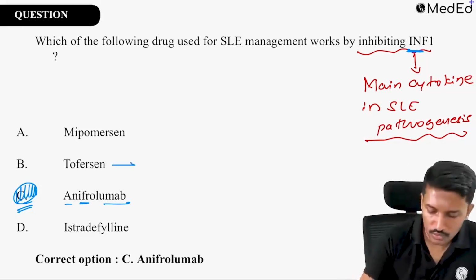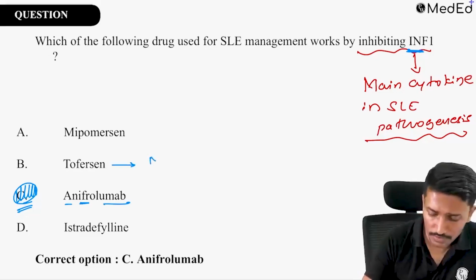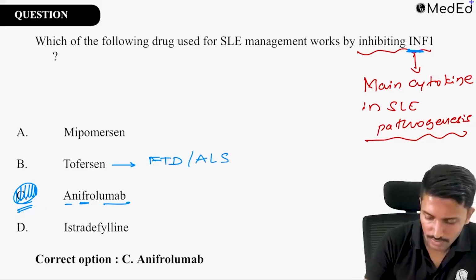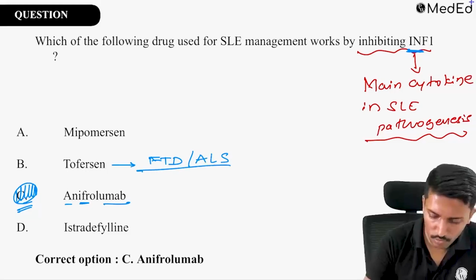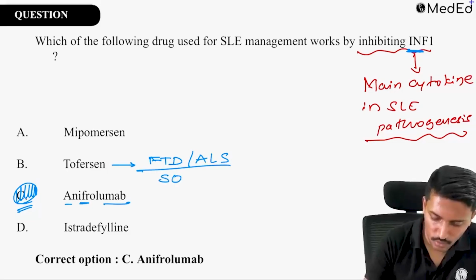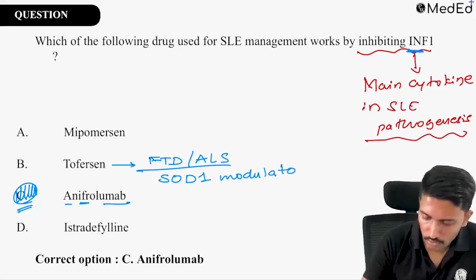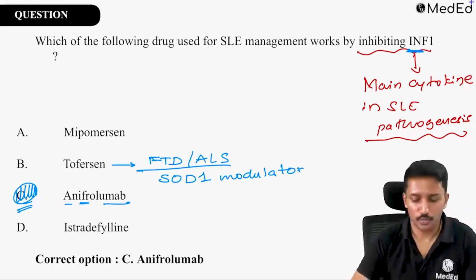Okay. What is this tofersen? Tofersen is another newer drug which is used for treatment of patients with amyotrophic lateral sclerosis. This is actually a modulator of superoxide dismutase 1, not a monoclonal antibody.